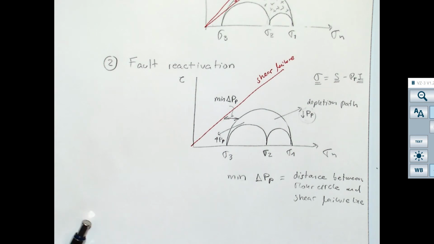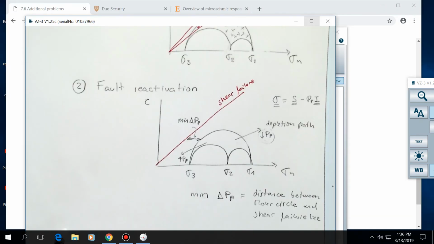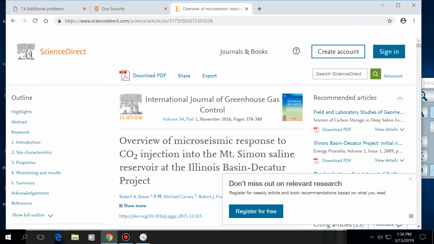So let me show you an example about fault reactivation. Are you guys familiar with CO2 geological storage? CO2 geological storage is basically a technology that now is being pushed forward in order to decrease the carbon emissions from burning fossil fuels.